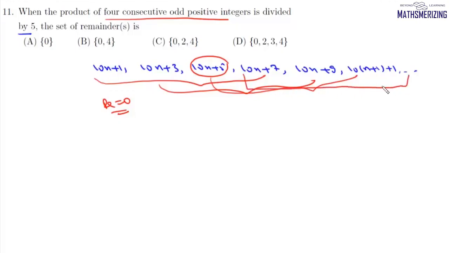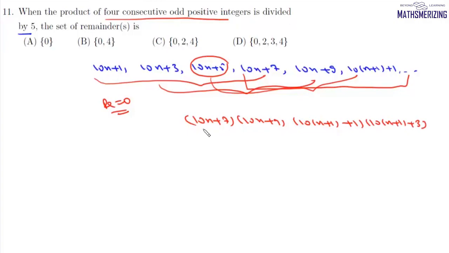Now there is another case if we consider four such numbers which don't contain this 10n plus 5. So we can choose such numbers as 10n plus 7, 10n plus 9, 10n plus 10 plus 1 and 10n plus 10 plus 3.